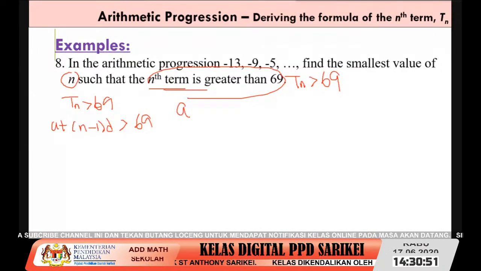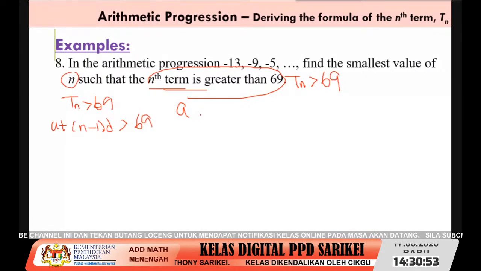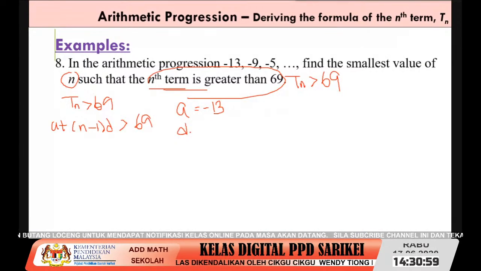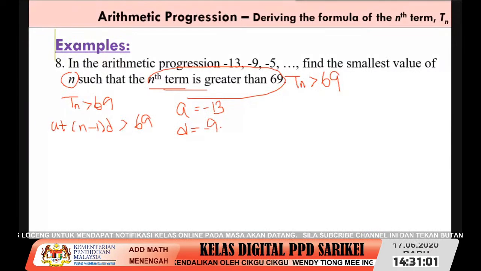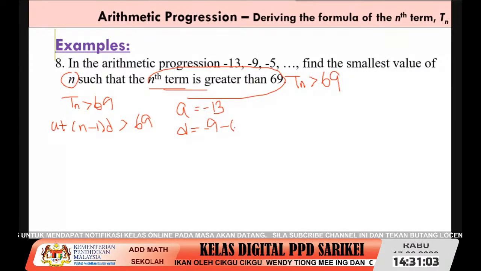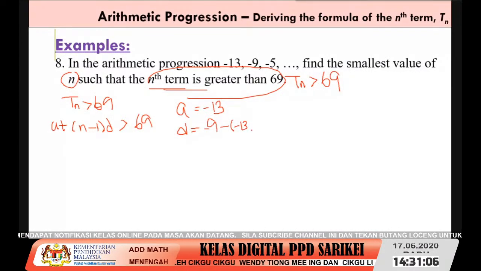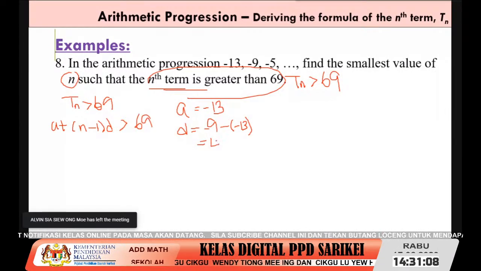So what is my first term? The first term equal to negative 13. My common difference is negative 9 minus negative 13, so my common difference is 4.